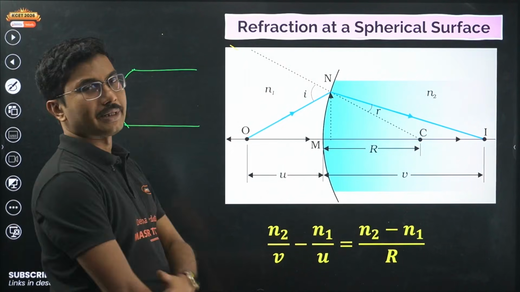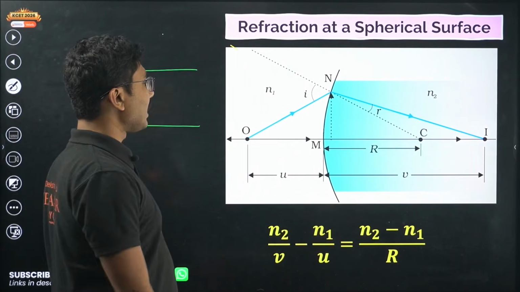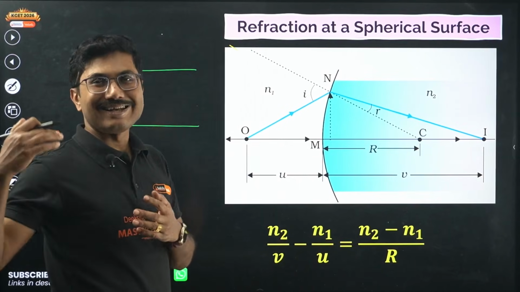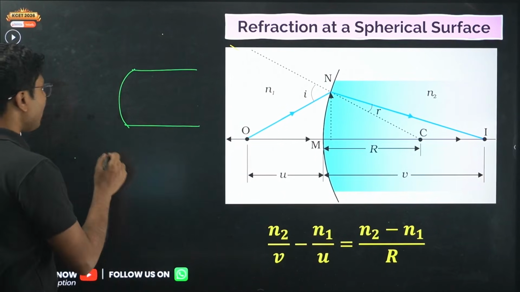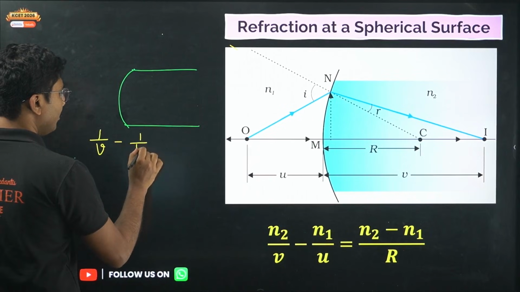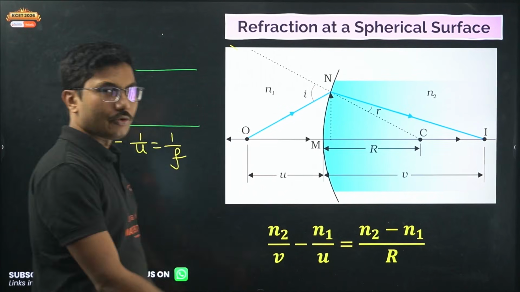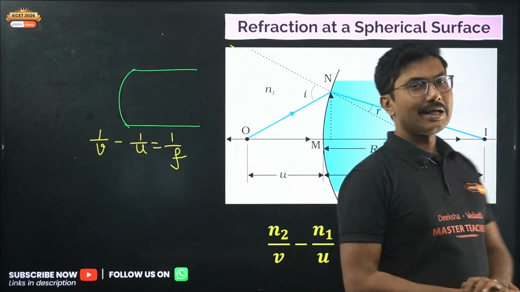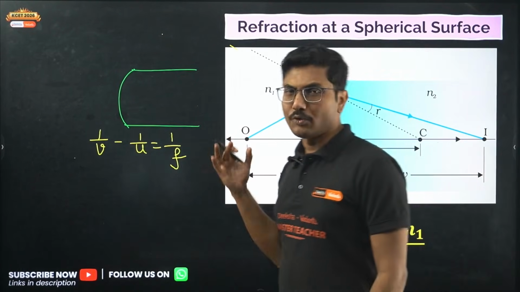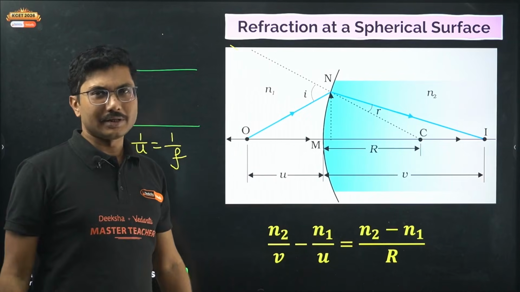Now how to remember? This formula can be tricky for many of you to remember. That's why I say remember the basic lens equation. Even though we have not done it, most of you know 1 by v minus 1 by u equals 1 by f. That is the basic lens equation. For this spherical surface, focal length does not matter; there is no focal length for a spherically curved surface.